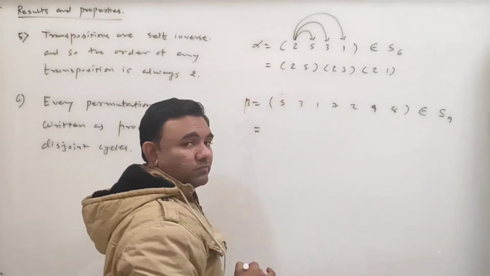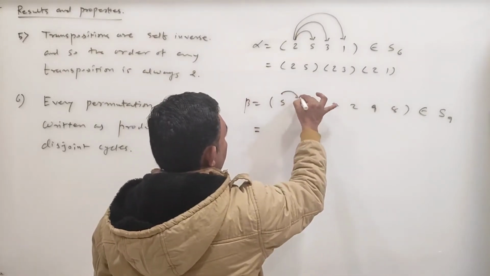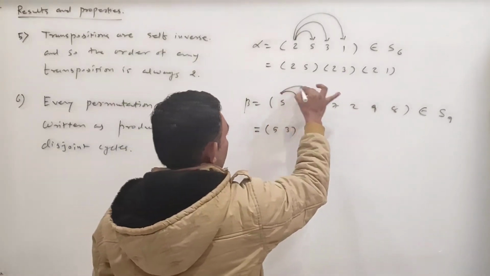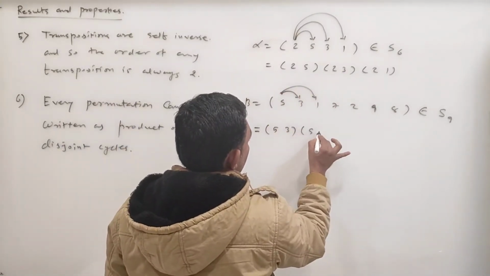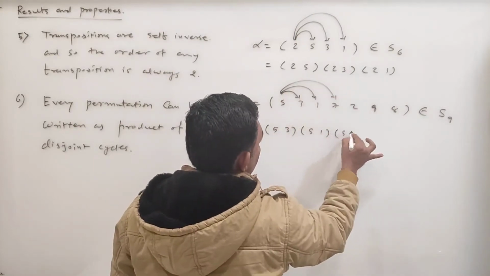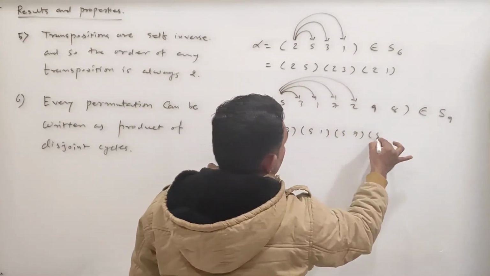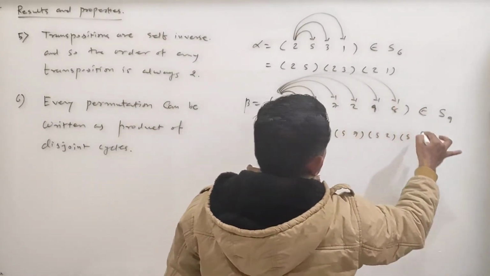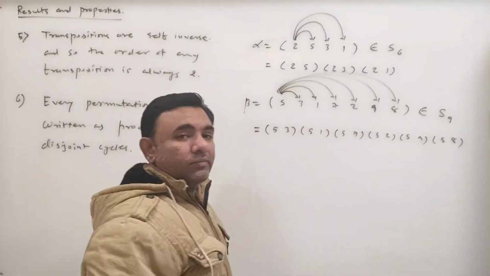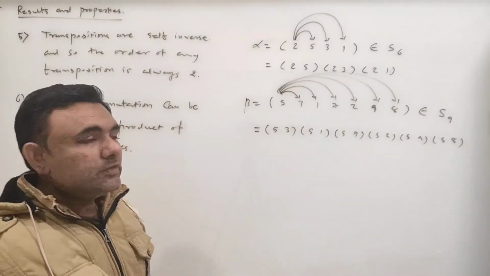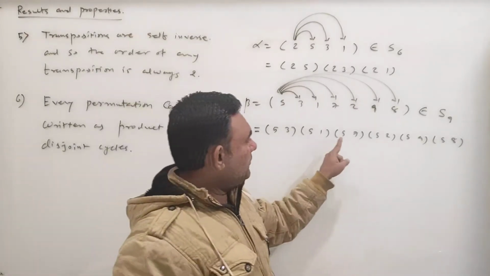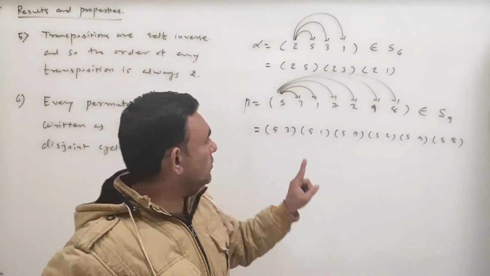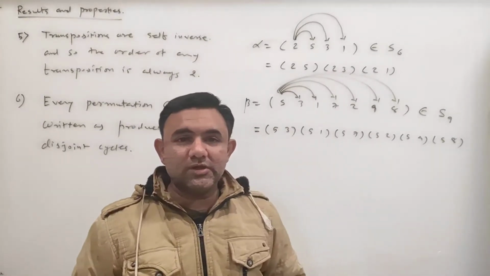You fix 5. 5 with 3, you consider a transposition in this way: (5 3), then (5 1), then (5 7), (5 2), then (5 9), then (5 8). Right? So this is beta, a product of transpositions. These transpositions are not disjoint. See, these are not, because 5 occurs in every transposition, right?